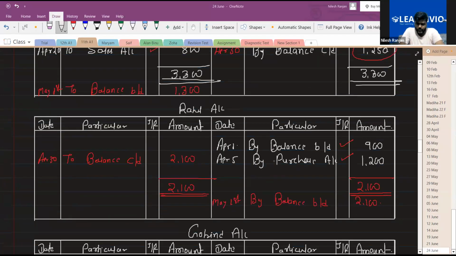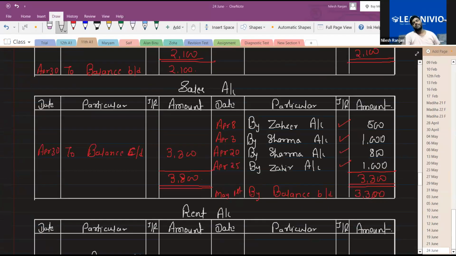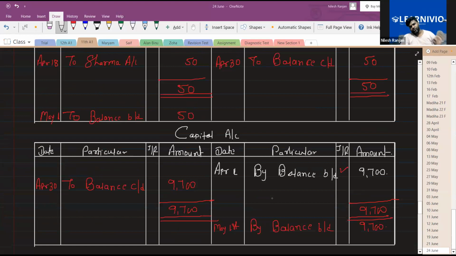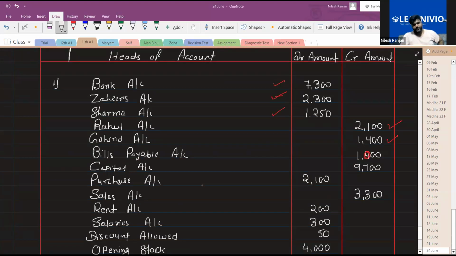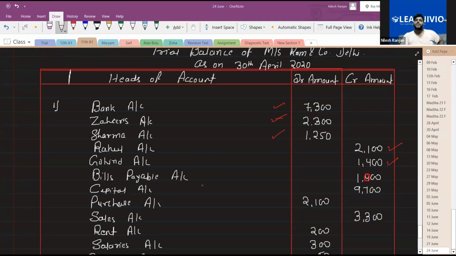Okay. So if we have to make a trial balance like this, it will be journal, then ledger, then trial balance. So we have to solve the journal and ledger portion very carefully, because you can see here a small mistake can ruin everything you have solved.